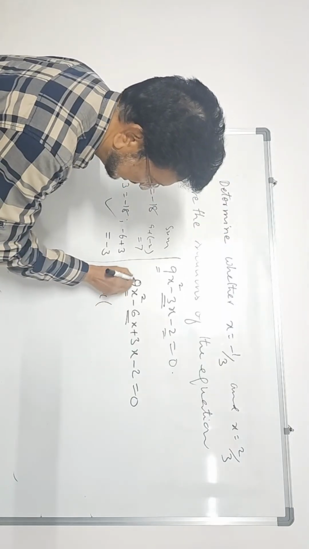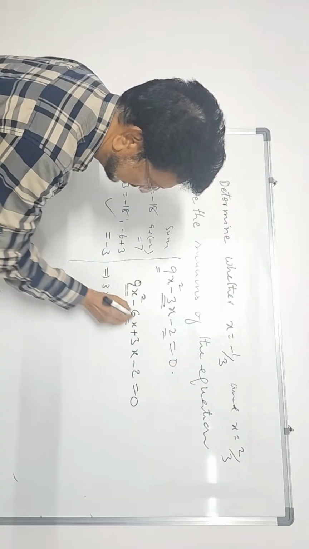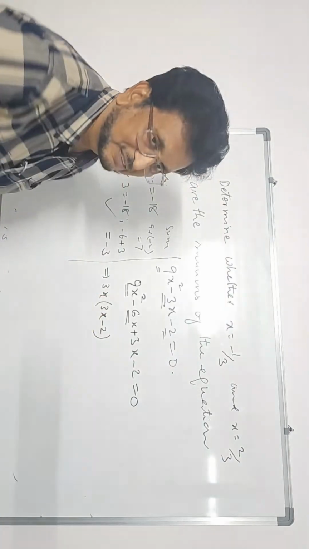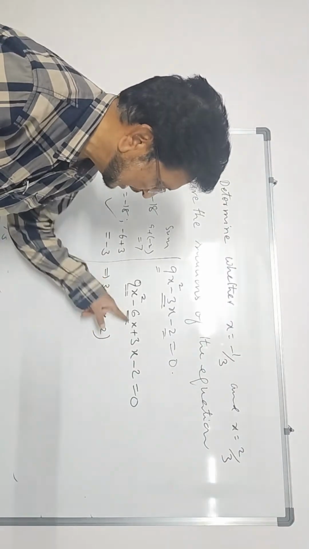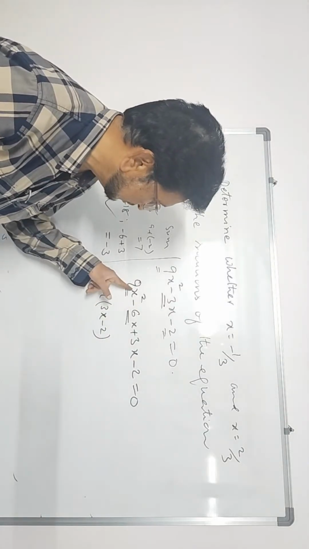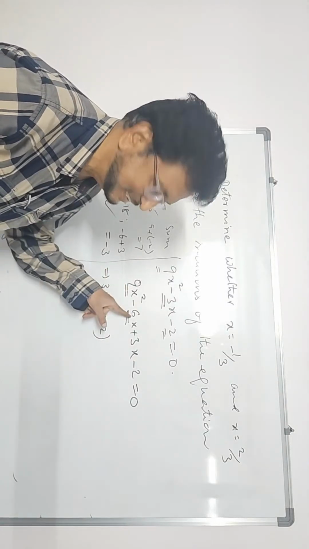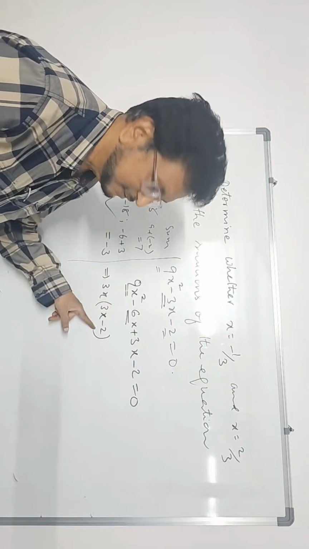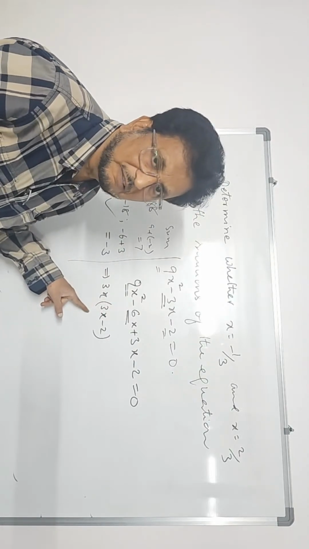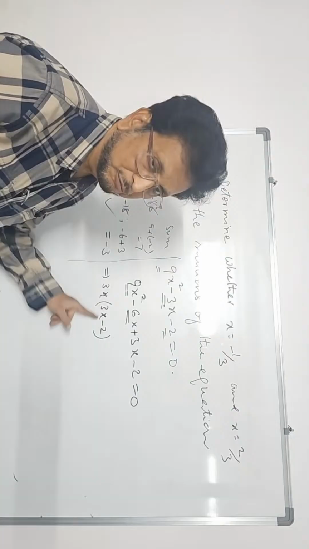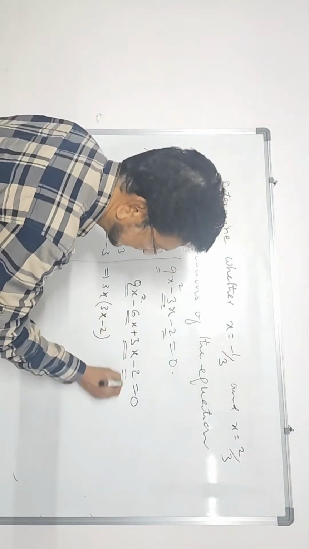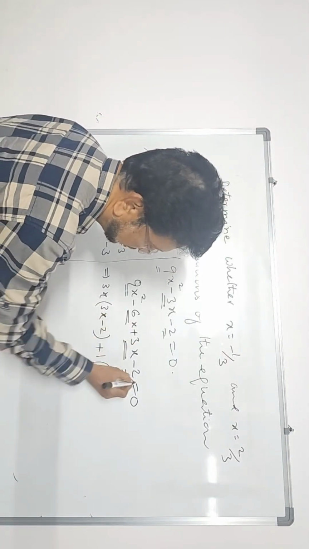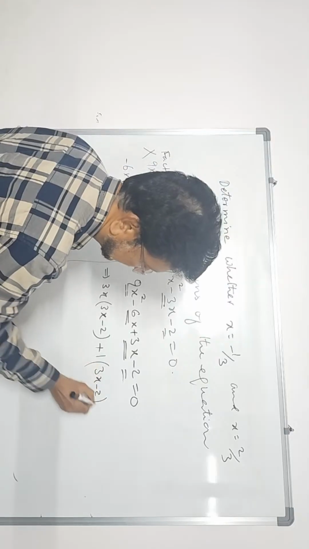What will be left here? 3x will be common. Here minus 2 will be left. If you multiply, you should get the same answer. 3 into 3, 9x square. 3 into 2, minus 6x. Correct? If we are taking this common, we can test whether we are writing it correctly by multiplying these two. Now here what is common? Nothing is there, means 1 common. 3x minus 2 as it is.